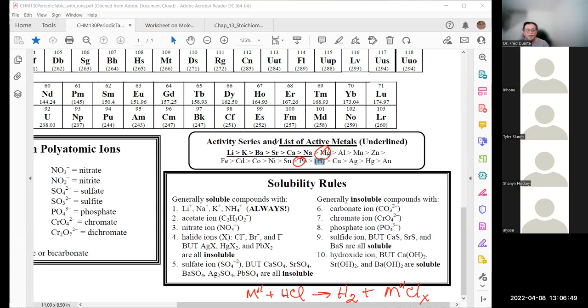For the ones that were in bold, lithium and sodium, which I call M single prime, the simple fact is that they are so reactive, they react with water violently. So those metals in bold in the presence of water will give you the metal hydroxide plus hydrogen gas.